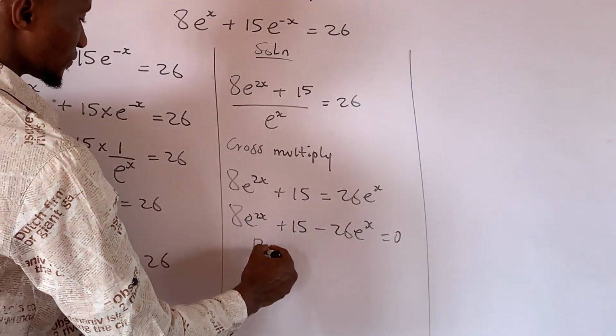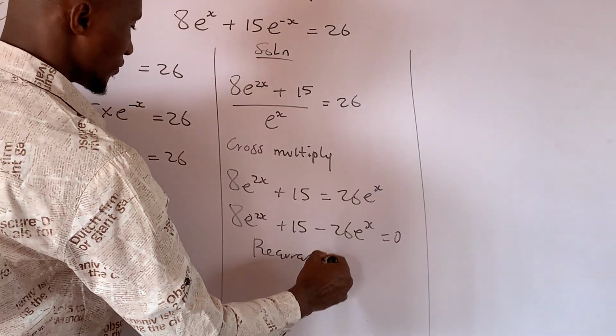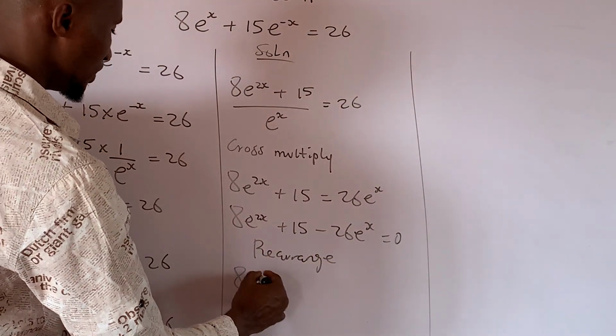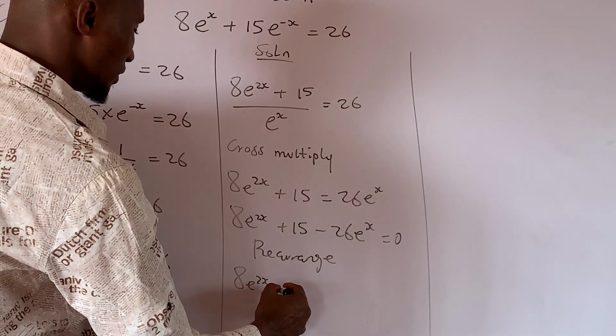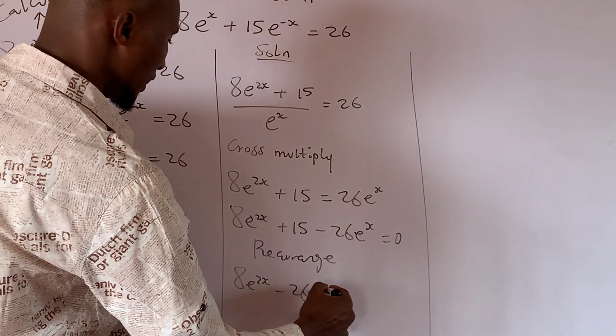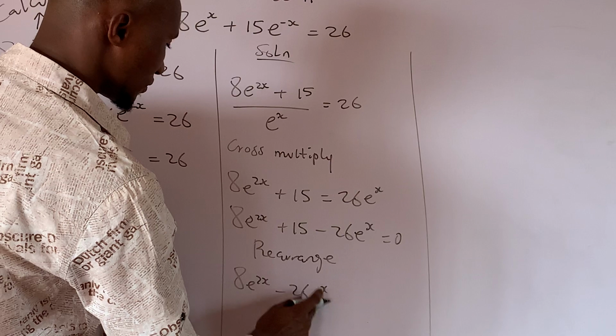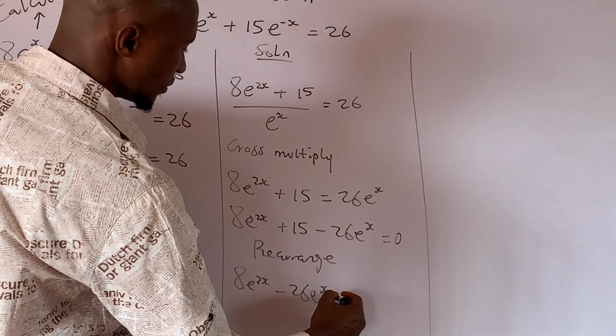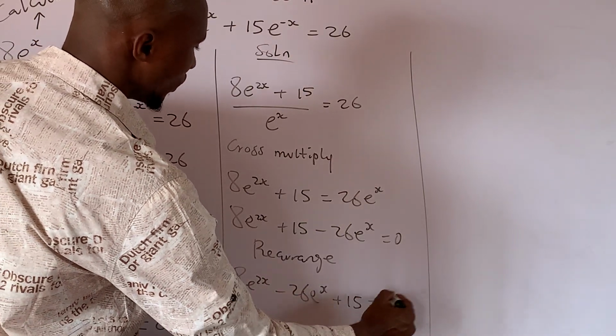Here you rearrange. When you rearrange, you have 8 exponential square minus 26 exponential plus 15 equal to 0.